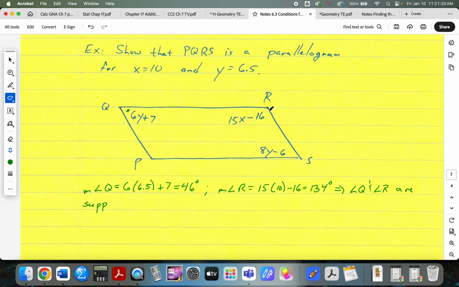Yeah, QP parallel to RS. So QP is parallel to RS by the converse, as Lexi so rightly pointed out, of the same side interior angles theorem.